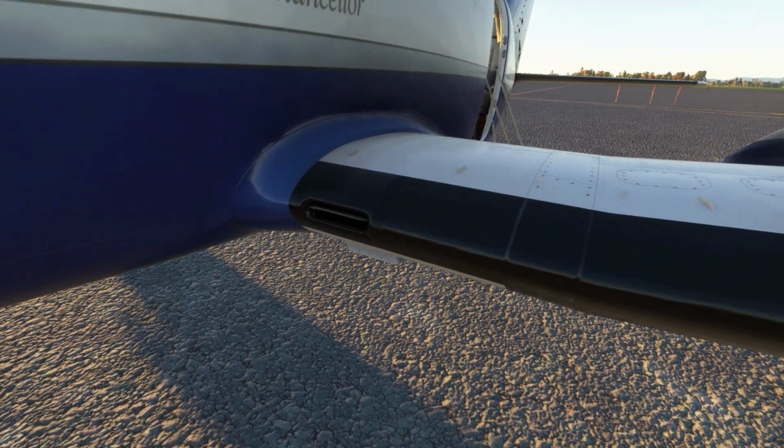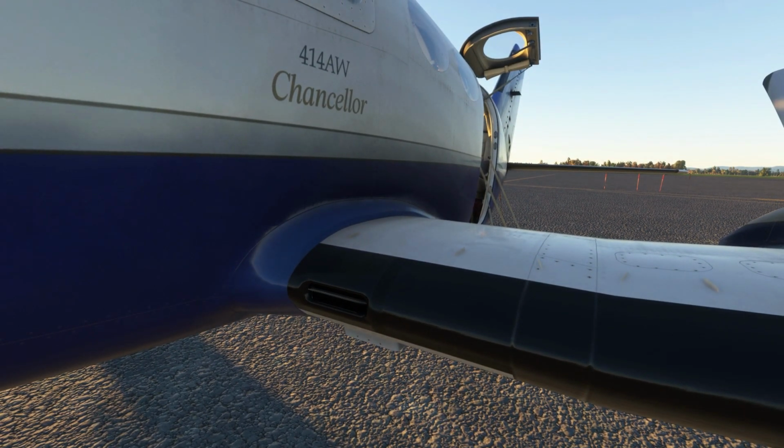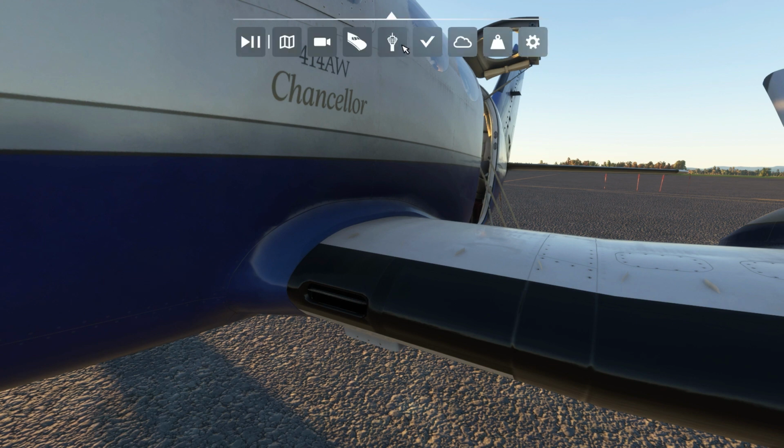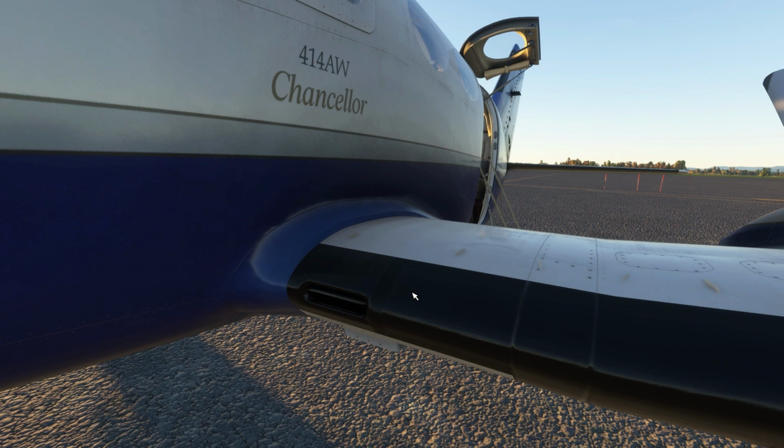Now let's talk about this. This is a flap that has to do with the cabin air temperature. As you go higher in the atmosphere, and this aircraft can do 30,000 feet, which is amazing, we're not talking about pressurizing the cabin now, we're just talking about the temperature.